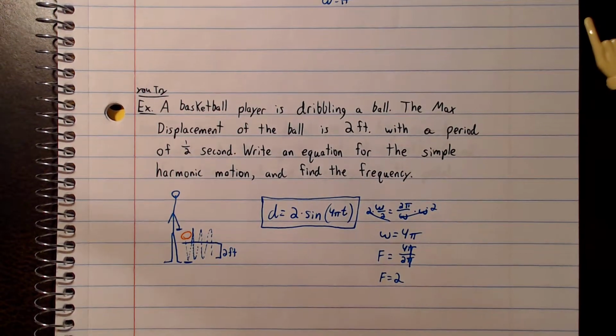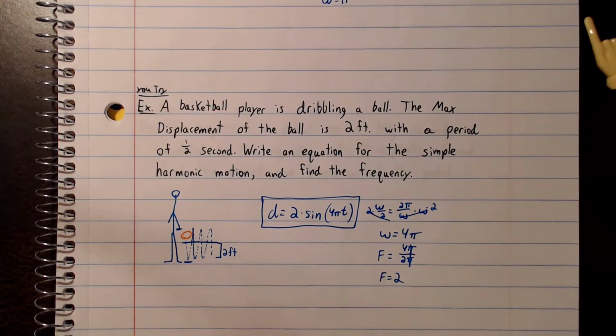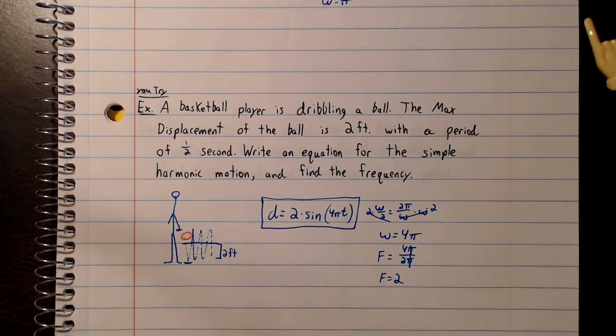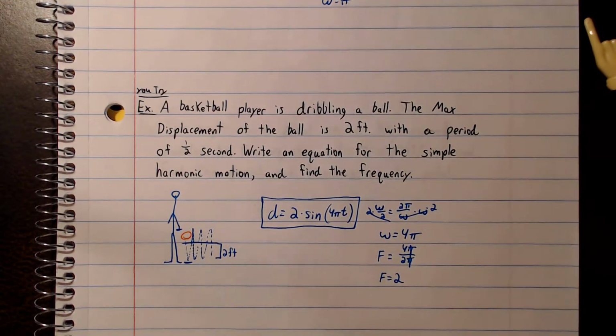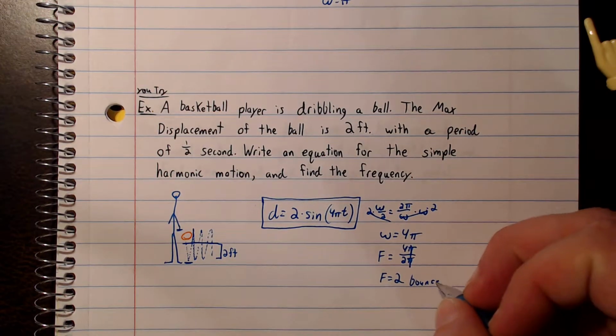Oh, did I mess up slightly on this? I think I might have. Very slightly. No, that's correct. 2 dribbles per second. Right, so he bounces it and it hits the ground twice per second.